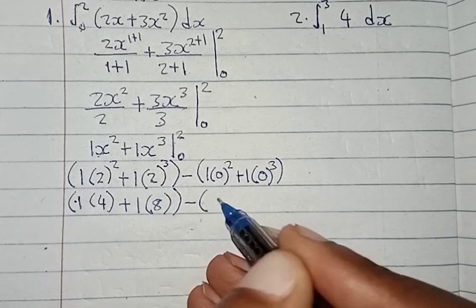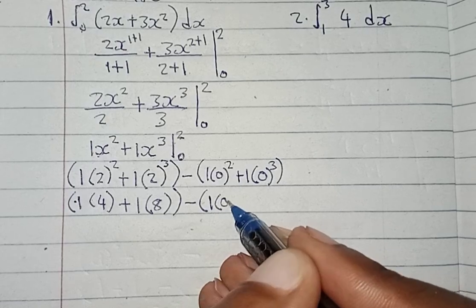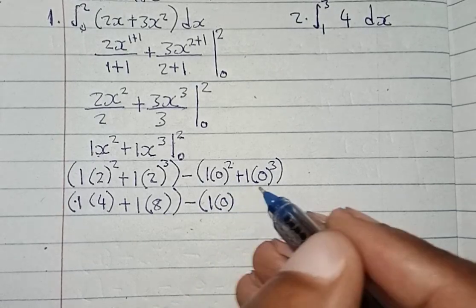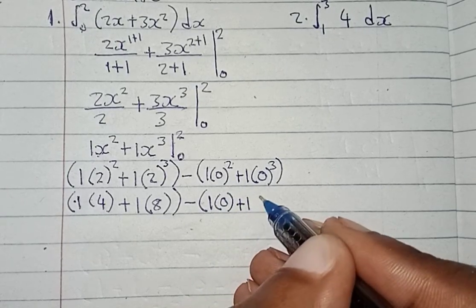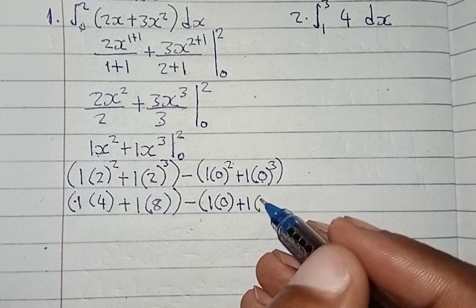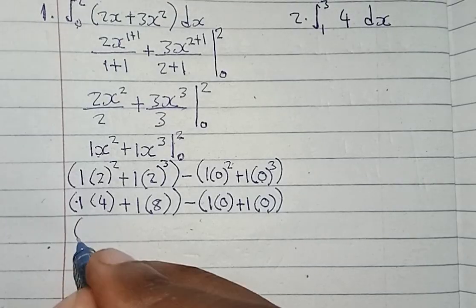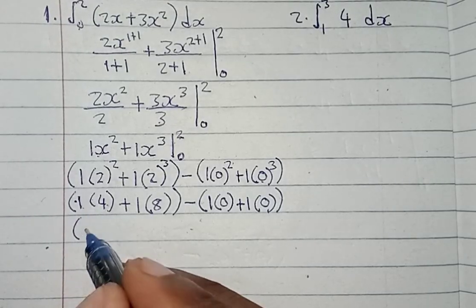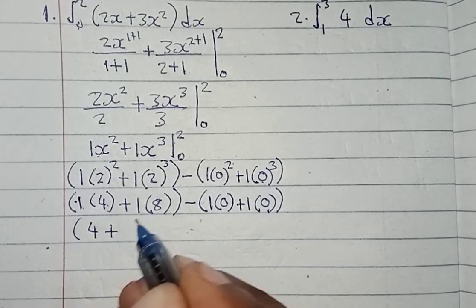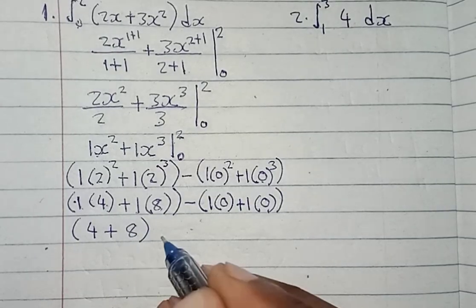Minus here, 1. 0 to the power 2 is 0, because 0 times 0 is 0. Plus 1, and 0 to the power 3 means 0 times 0 times 0, which will give us 0. We close. We continue simplifying. 1 times 4, we get 4, plus 1 times 8, we have 8. We close.